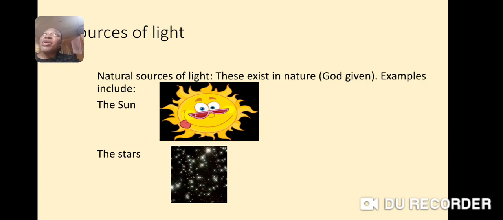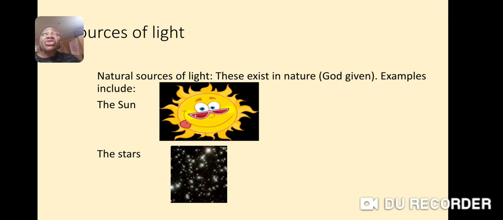Now, if I tell you to mention an example of a natural source of light, I think you will say the sun, and you are correct. So the first natural source of light we're going to talk about is the sun.